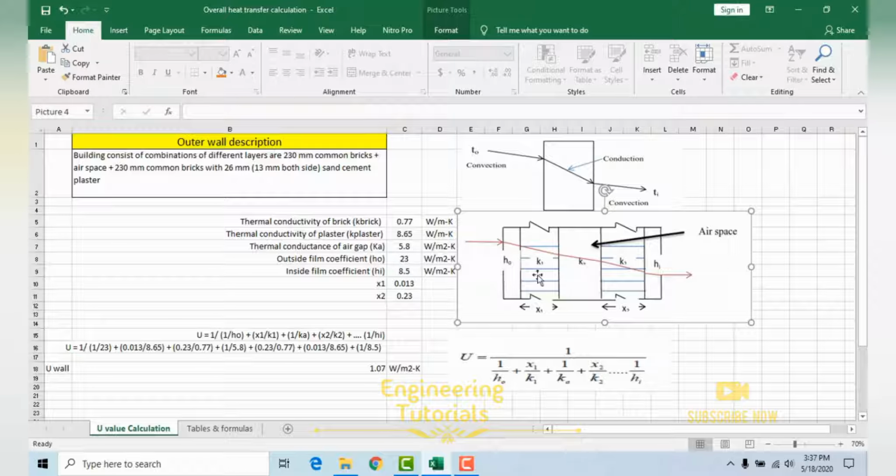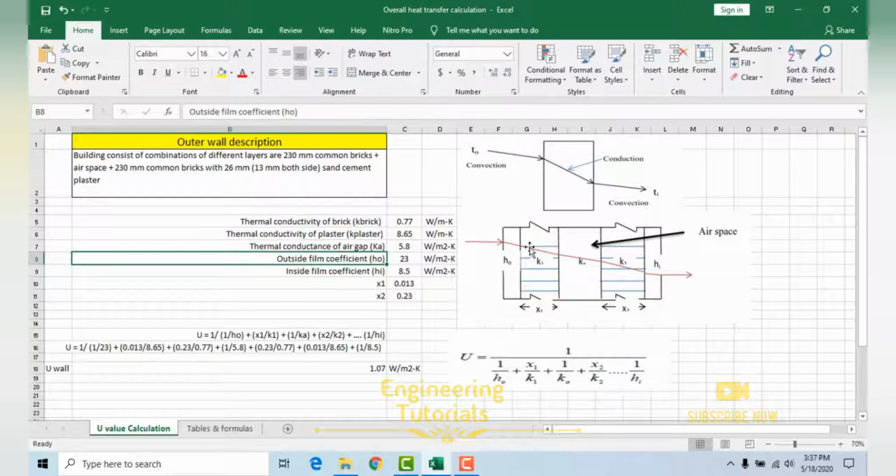So as you can see in this figure, K1 is basically representing our brick, 230 mm. H0 is over here, representing the outside film coefficient.